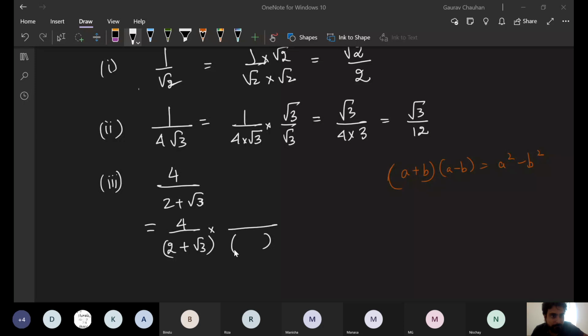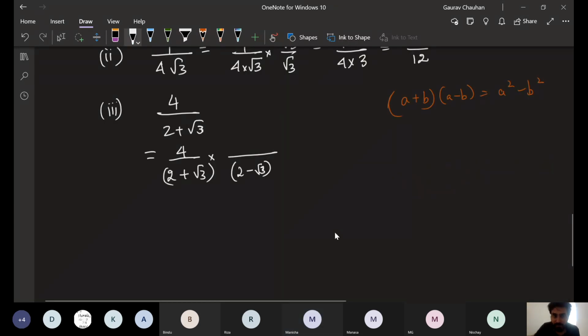MG, you want to go ahead? Sir, 2 minus root 3. Perfect. 2 minus root 3. Manisha, are you observing what's happening in the denominator now? Yes, sir. I'll come to the numerator part. Obviously I have to multiply the numerator also by 2 minus root 3, because I have to keep the fraction equivalent.